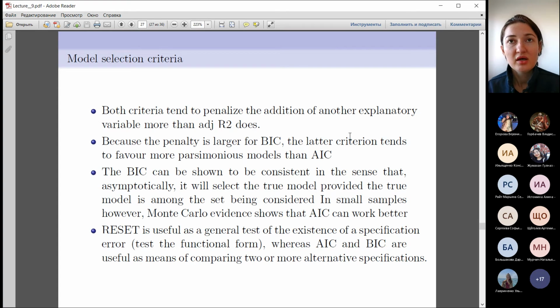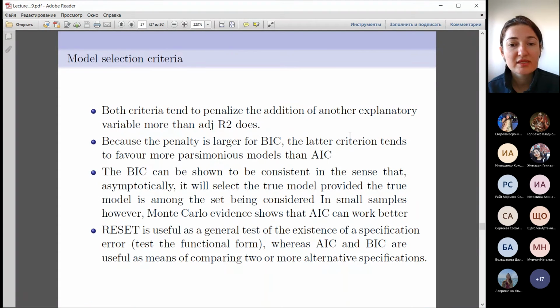Also, you can present the information about adjusted R squared, and also you can add among these indicators the AIC and BIC criteria together. So you can find in Stata the special option how to add them in your regression output through this command.